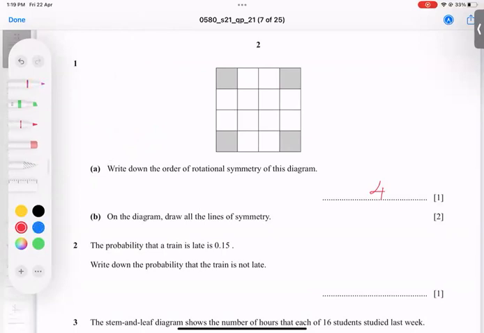For example, this B, how many lines of symmetry does it have? Is it possible? No. Is it possible? No. Only one possibility, above and below. So what is below is the same as above.